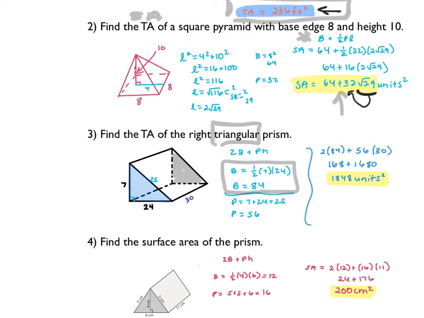Now, if you realize that a 7, 24, 25 is a triple, then you didn't need to do 7 squared plus 24 squared to get that hypotenuse, which was the 25. So be aware that you're going to be using Pythagorean theorem, but if you know your triples, it does save time.